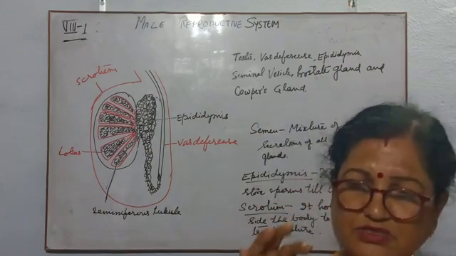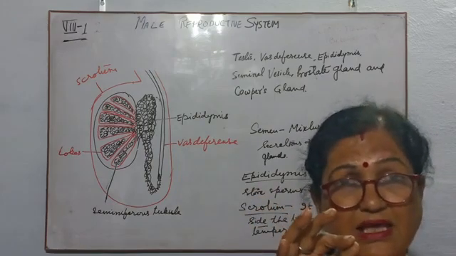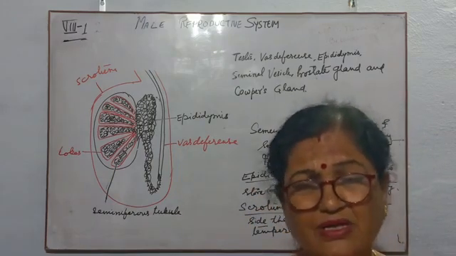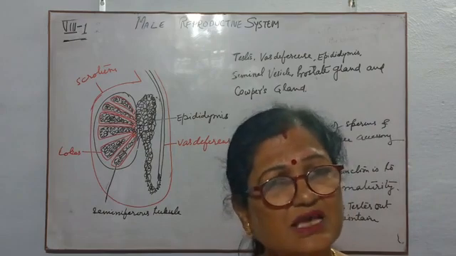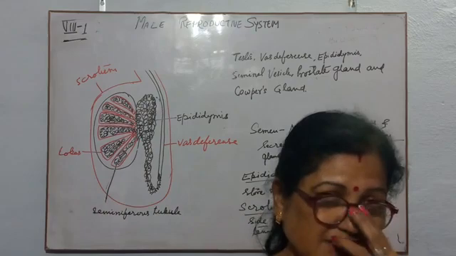Any animal, a bigger animal like an elephant or a small animal like an ant, starts its life cycle from a single cell. This is called a zygote.